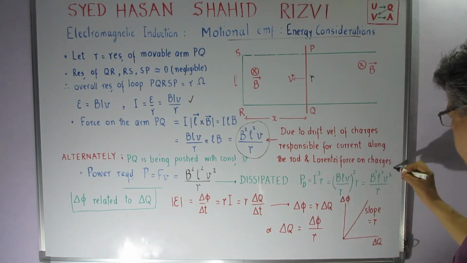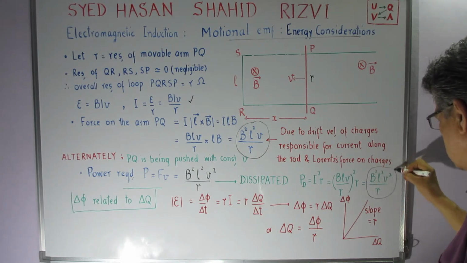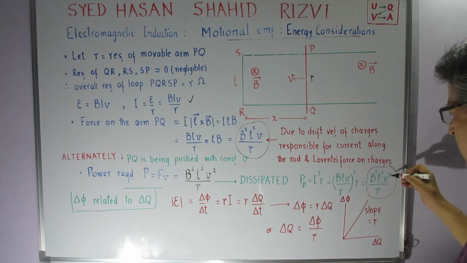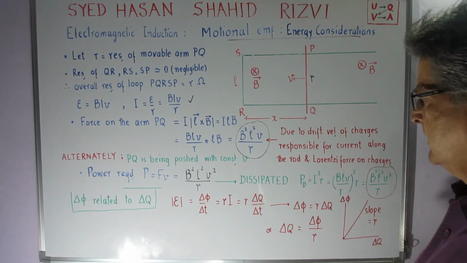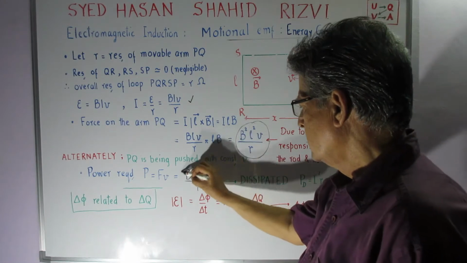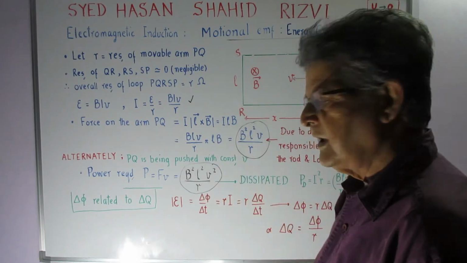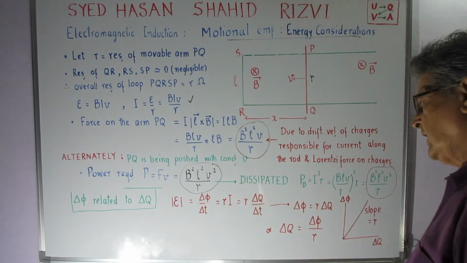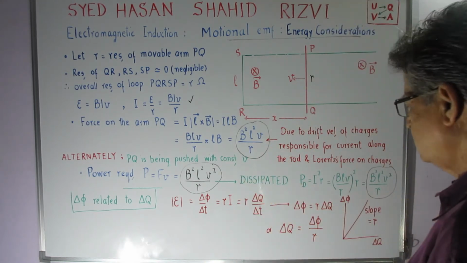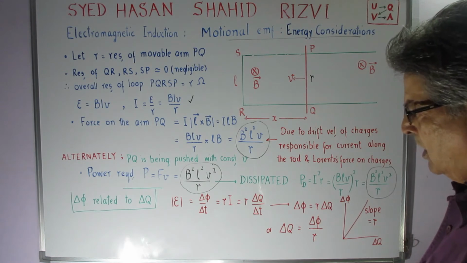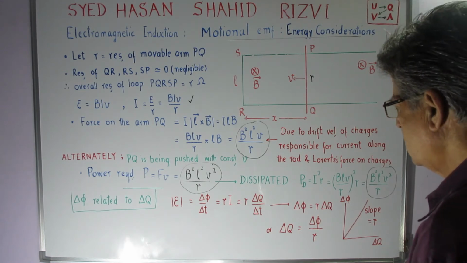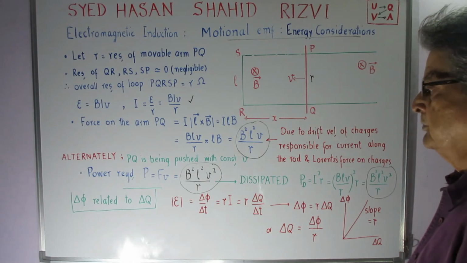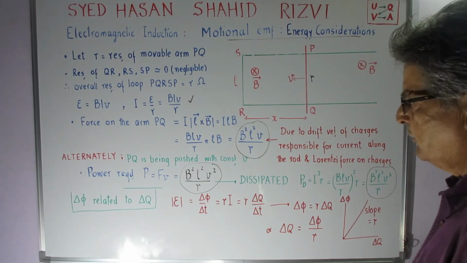This again turns out to be equal to B square L square V square divided by r. So these two equate to each other. Power is required, we provide that power, and the power is dissipated as heat from the surface of the resistor through which the current is flowing.